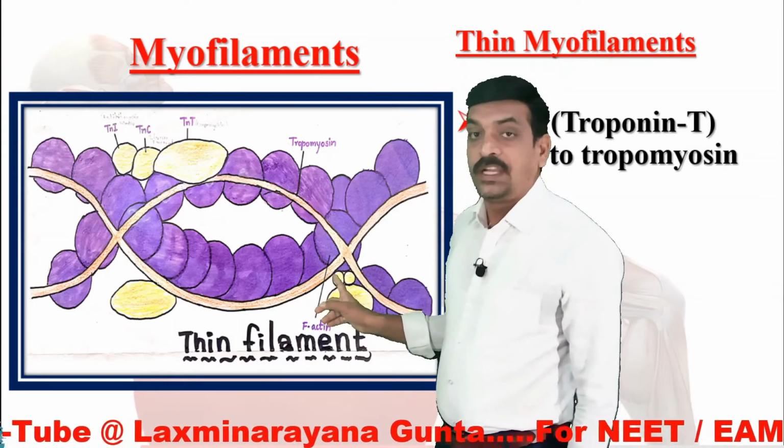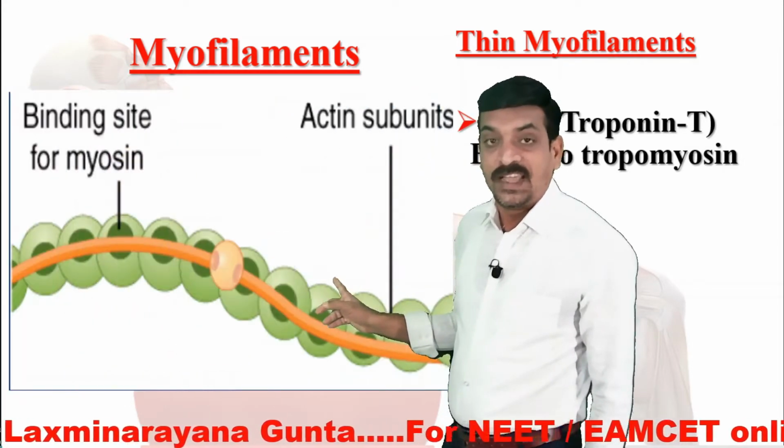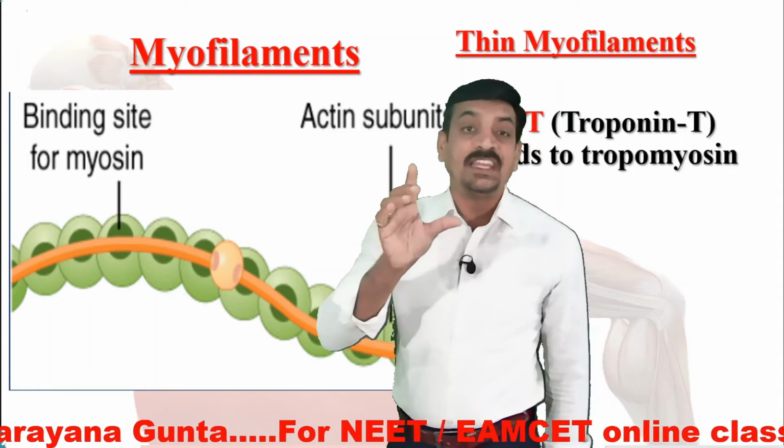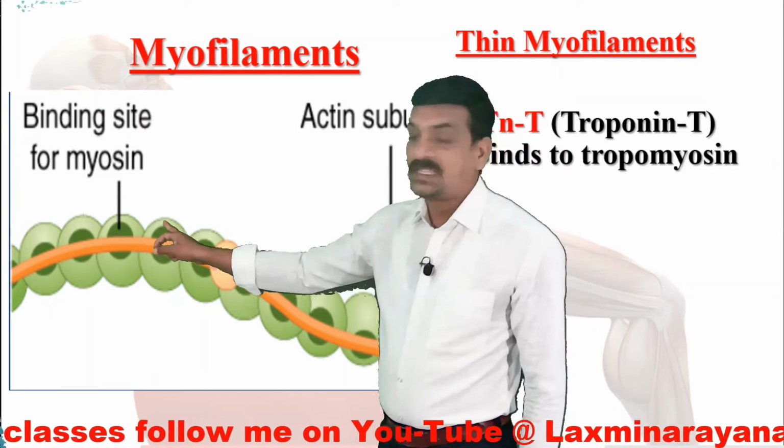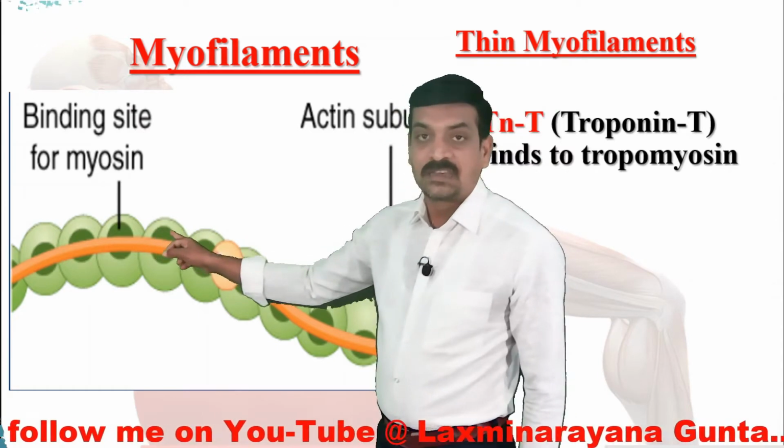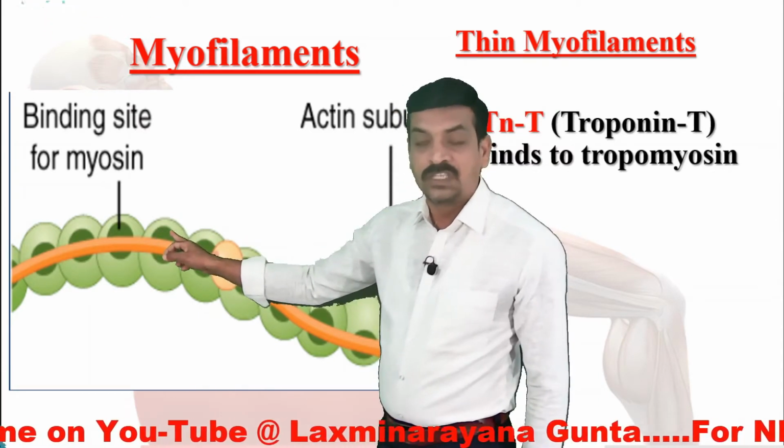The other protein, TNI, troponin I, I for inhibiting, inhibits the binding site of the myosin. These circle-shaped structures are called the binding sites of myosin with actin.